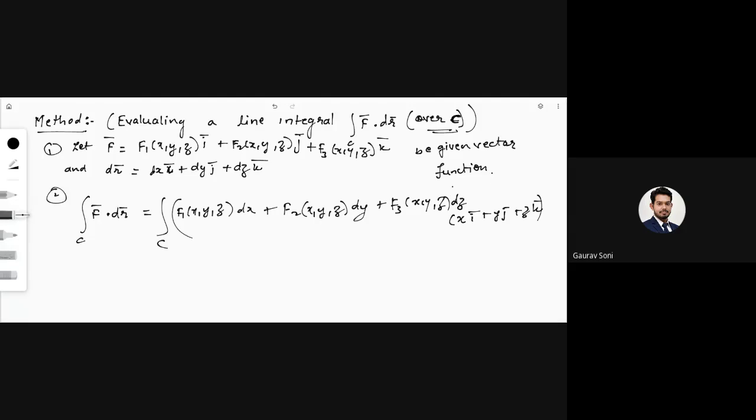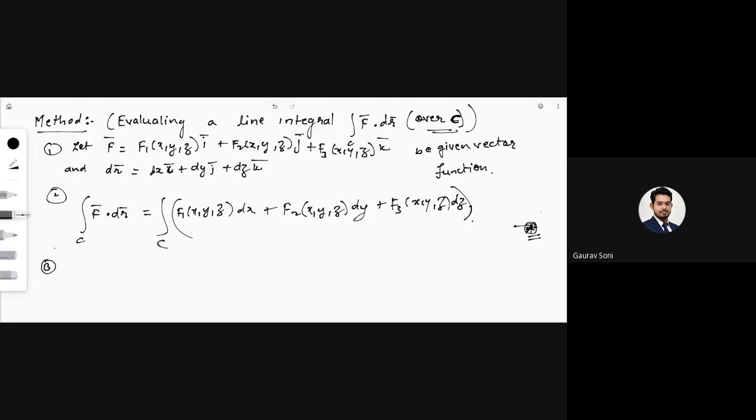Okay, so this is what we have got. Is there anyone who didn't understand this? How did this come into the picture? It is just the dot product of f bar and dr bar. If you haven't understood, please let me know.